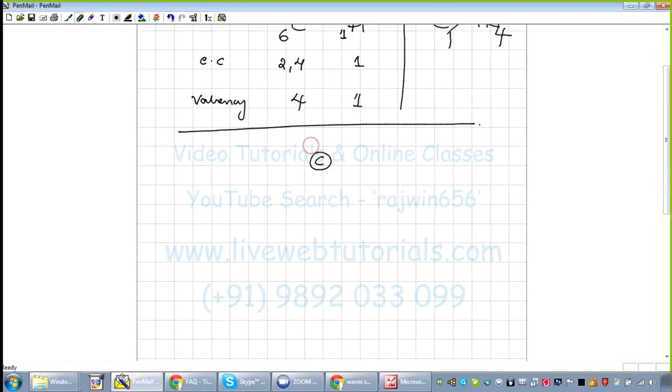Carbon is there. I'm showing only the outermost orbit. 4 electrons in the second orbit, the outermost orbit. 4 hydrogen atoms. This is your 4th hydrogen atom.